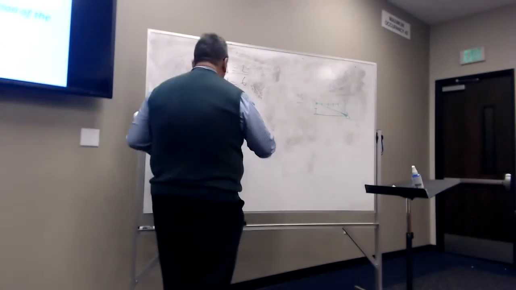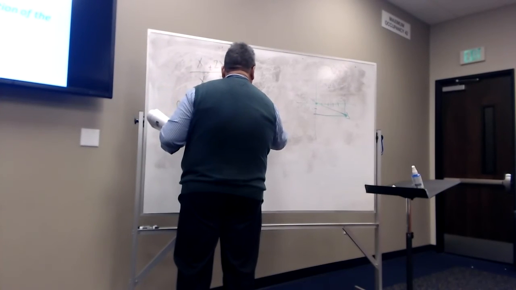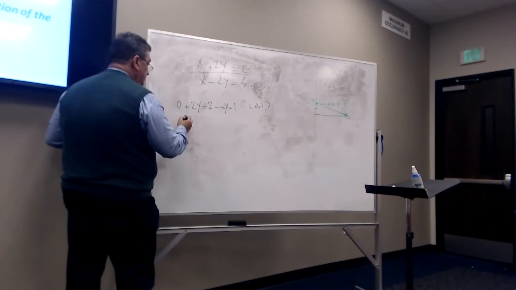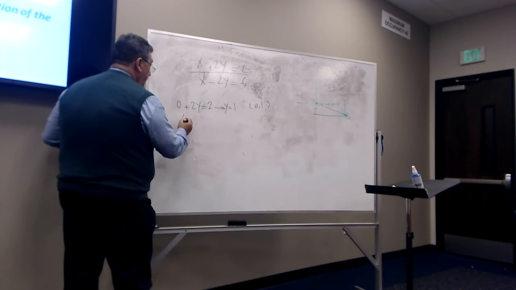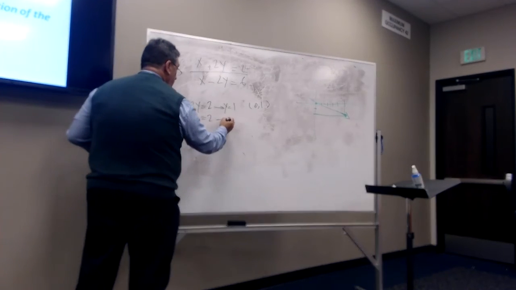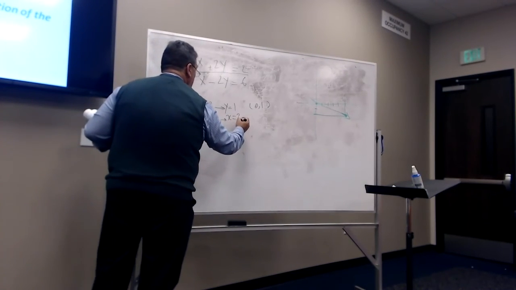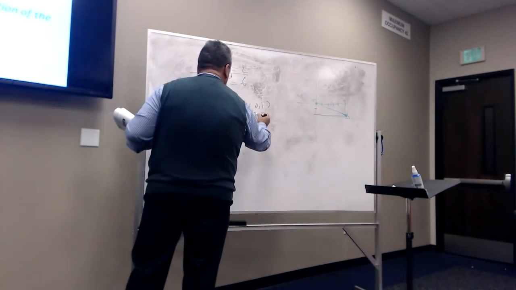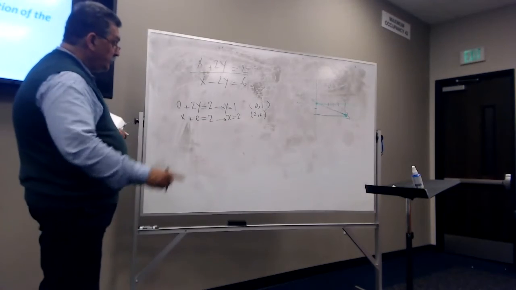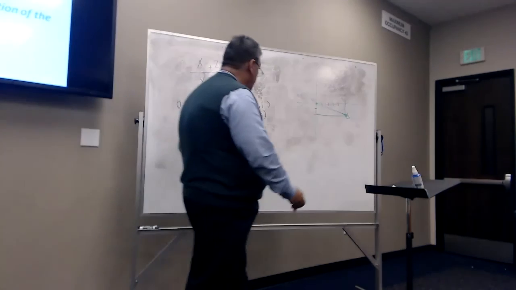So I have (0, 1). The x-intercept is where y is 0. Then x plus 0 equals 2, x is 2. So (2, 0). I got 2 points for the first line.